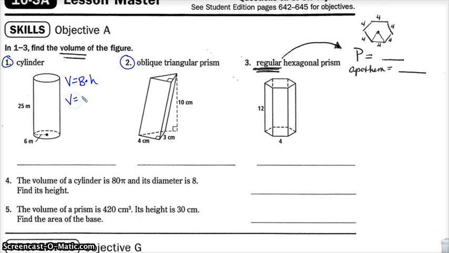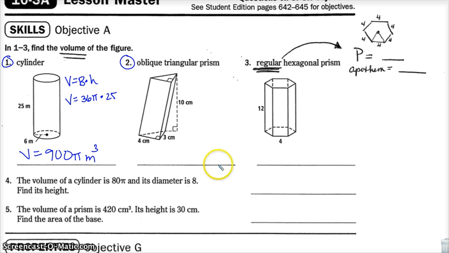The area of my base is 36 pi, and my height is 25. This gives me a total of 900 pi meters cubed. Don't forget that our units now are in cubic units.